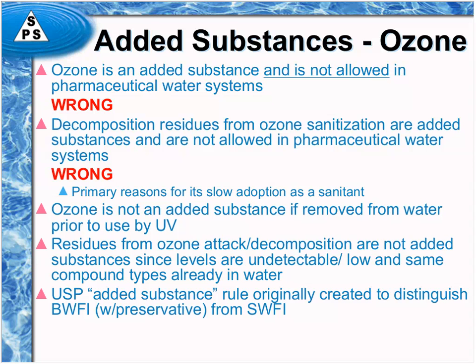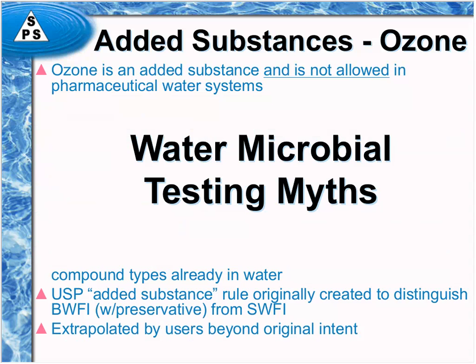And so the no added substance was created in order to distinguish between bacteriostatic water for injection and regular water for injection, because bacteriostatic water for injection did have an added substance. Anyway, the whole concept of added substances has been extrapolated way beyond its original intent.